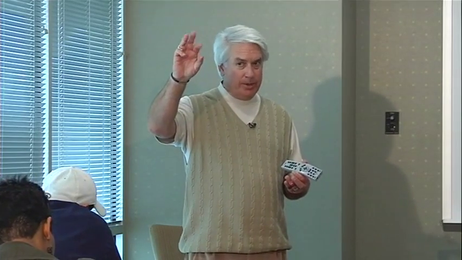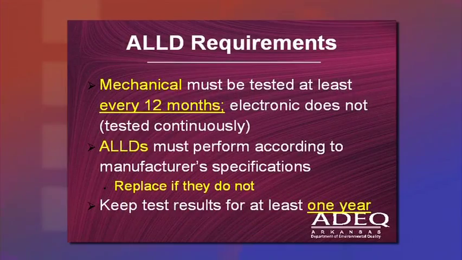If you have the electronic sensors, they communicate with your automatic tank gauge control panel. And they're going to notify you of that leak rate, which is 3.0 gallons per hour. If you have mechanical automatic line leak detectors, they have to be tested at least every 12 months.